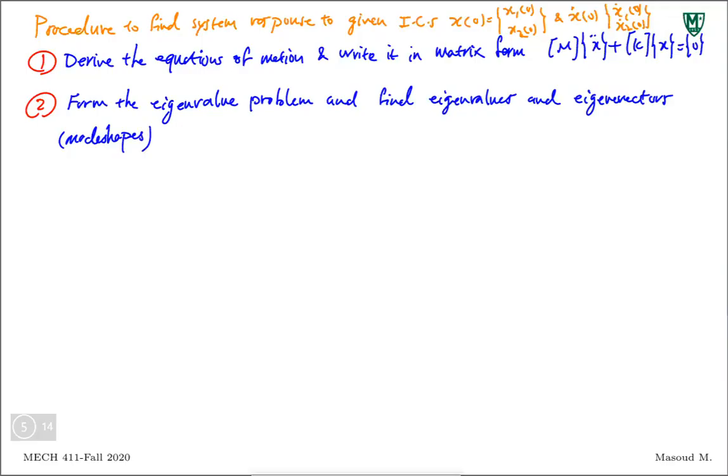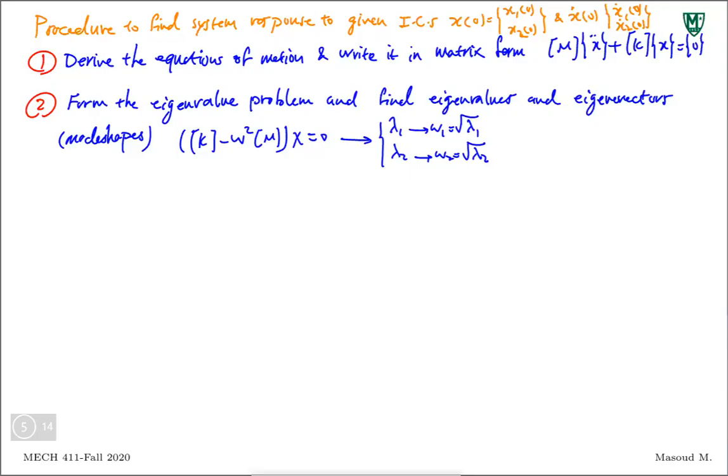So this is the procedure: K minus omega squared M times x is equal to 0. From there, you get lambda 1 and lambda 2. As a result, omega 1 would be the square root of lambda 1, and the second natural frequency would be the square root of lambda 2.